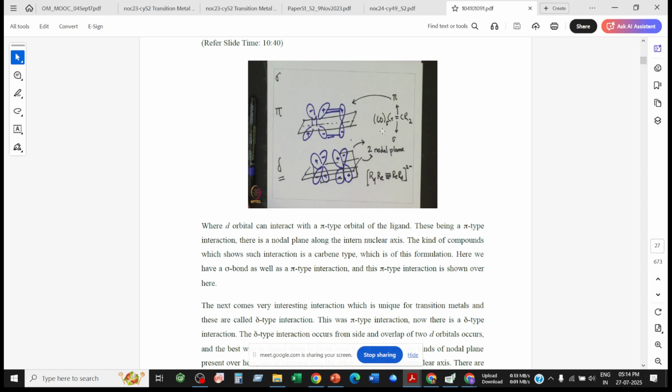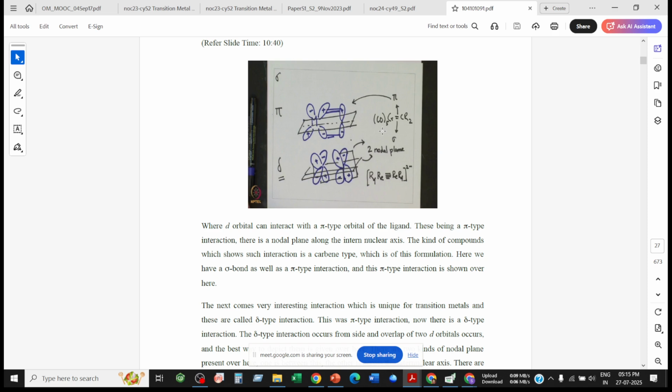We know that a sigma bond doesn't have any nodal plane. A sigma bond is formed with head-on overlap, so there is no possibility of forming a nodal plane. A pi bond can form in two ways, with head-on overlap or with side-on overlap, so there is a formation of a nodal plane. So a pi bond has one nodal plane.